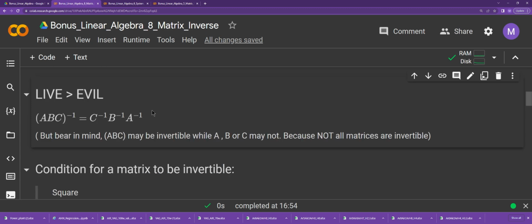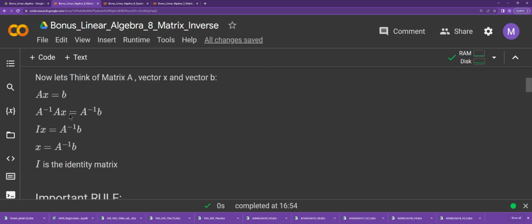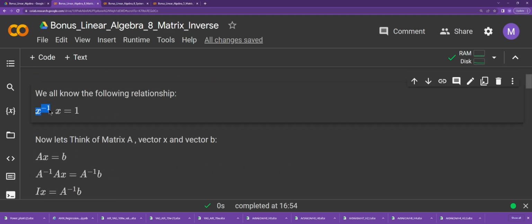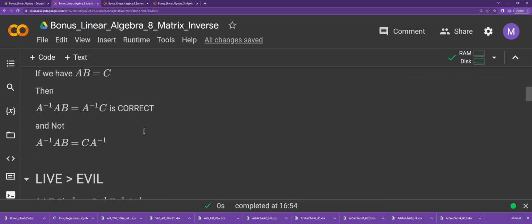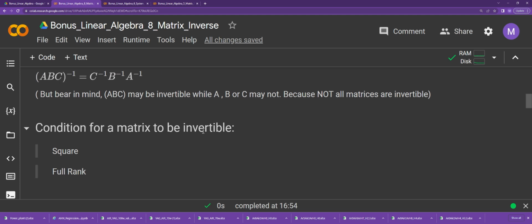But not all matrices are invertible. Unlike scalars, where with any number you can divide one by it and get the inverse of that number, that doesn't apply with matrices. Not all matrices have an inverse.